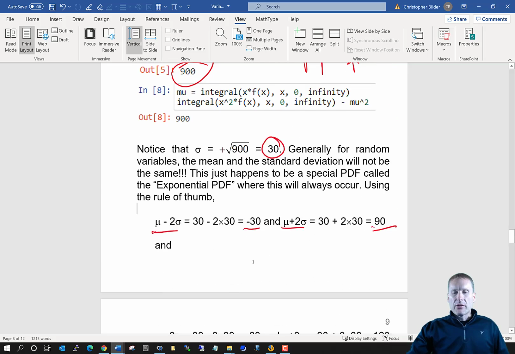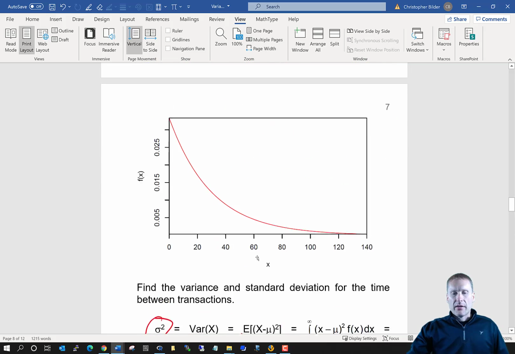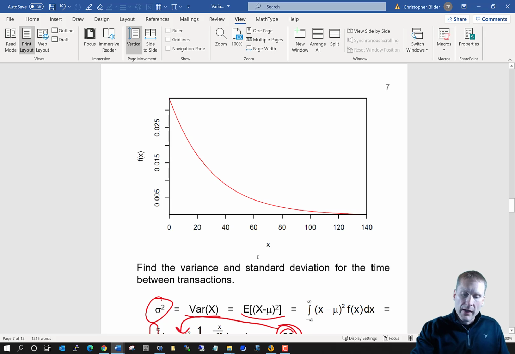And so let's go back to our plot of the probability distribution function. Again, that says between 0 and 90, or if you want to go up to 3 standard deviations, 0 and 120. And we can see that indeed most of the area underneath the curve is between these 2 points that we get from our rule of thumb. That helps illustrate again what this standard deviation is actually measuring.